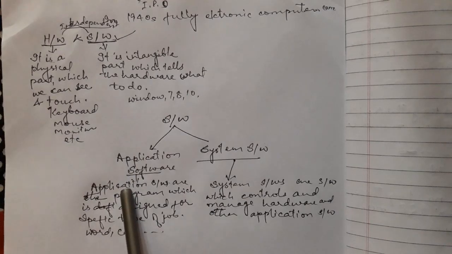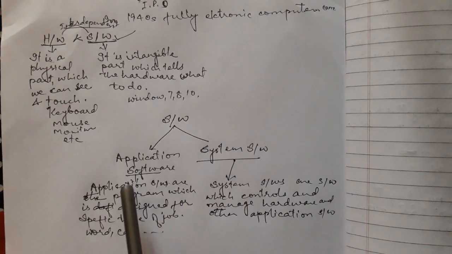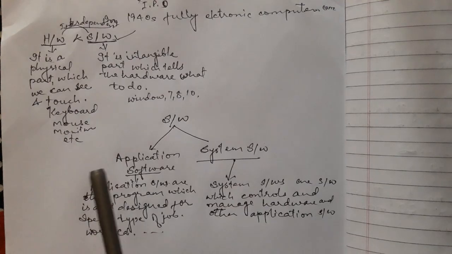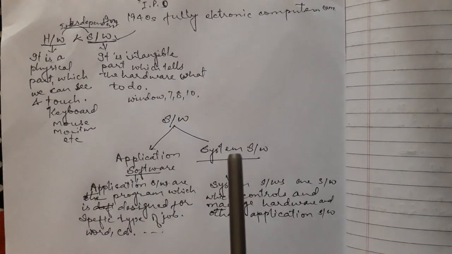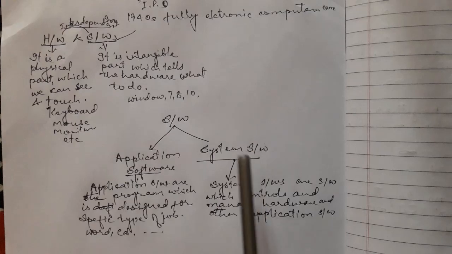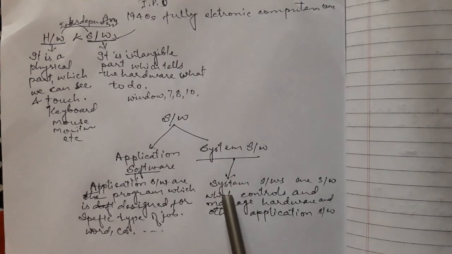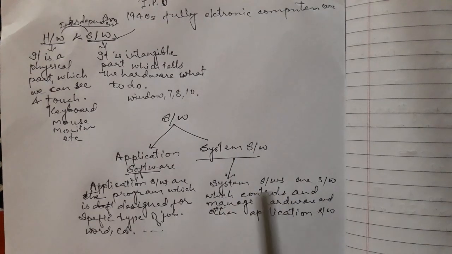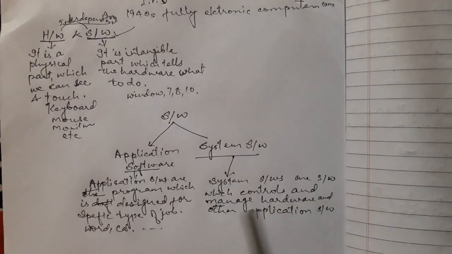So these are the application software. Application software does not care about the hardware, how the hardware will be managed and how things will be provided to the user. But there is another category of software, that is system software, which manages and controls hardware and other application software.